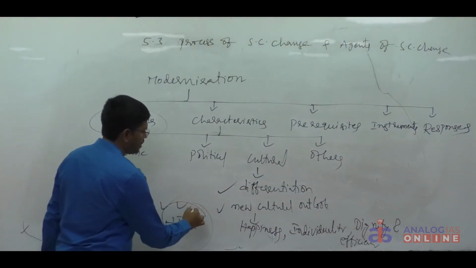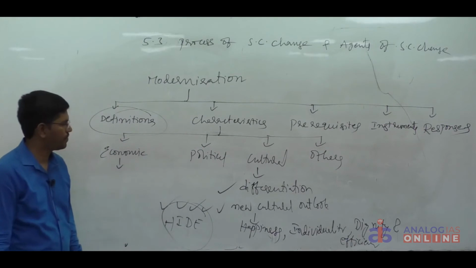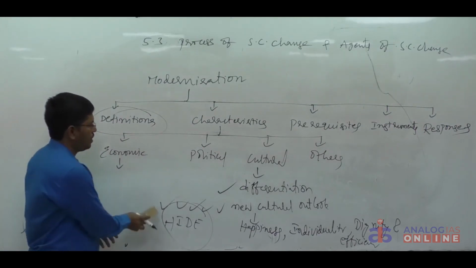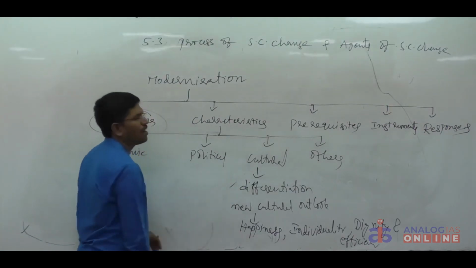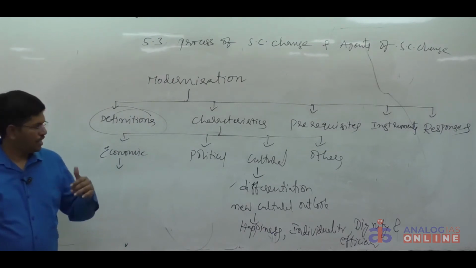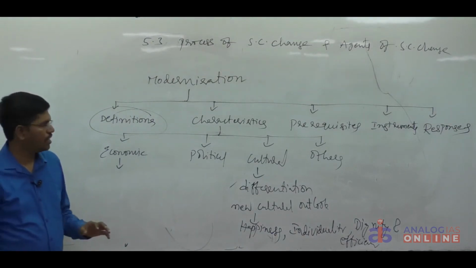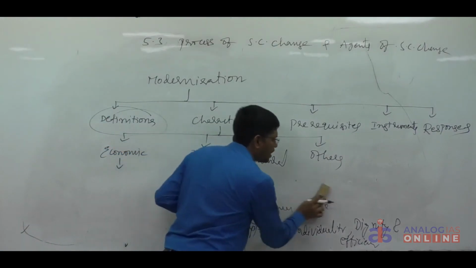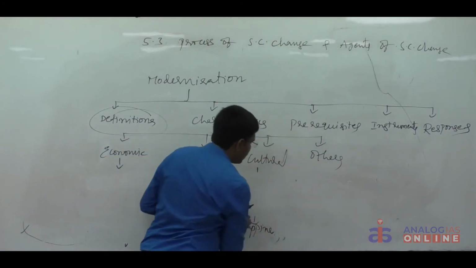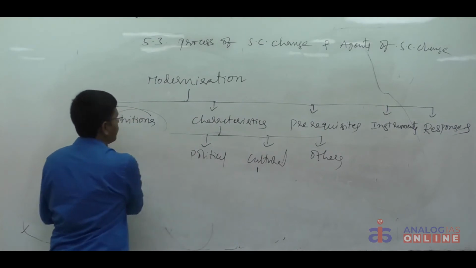Happiness, individuality, dignity and efficiency. These are the cultural characteristics. Other characteristics, increase in the literacy levels and development of media. Sometimes characteristics of modernization can be asked for 10 marks.